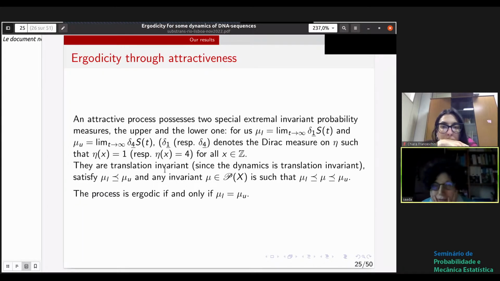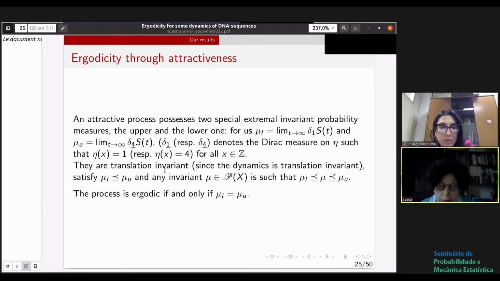Okay, so if we have some attractive process, we know that there are two special extremal invariant probability measures, the upper invariant measure and the lower invariant measure. And for us, the lower one will be the limit of delta_1 S_t. So delta_1 will be the Dirac measure on eta with the smallest value everywhere, which is 1.